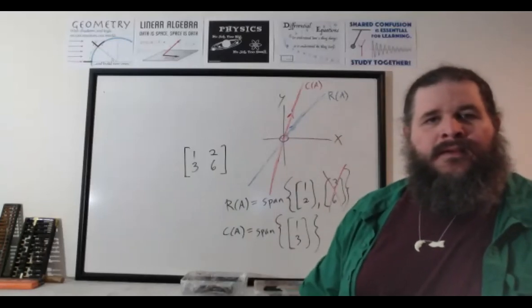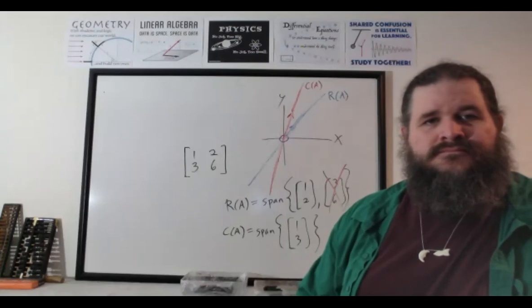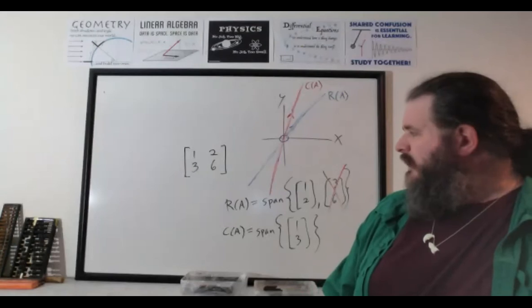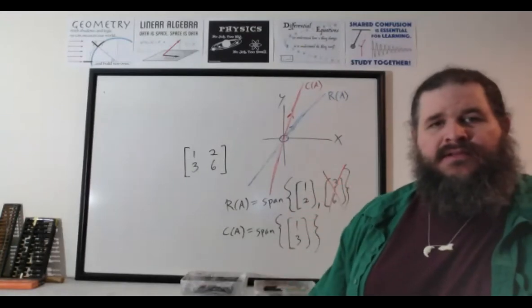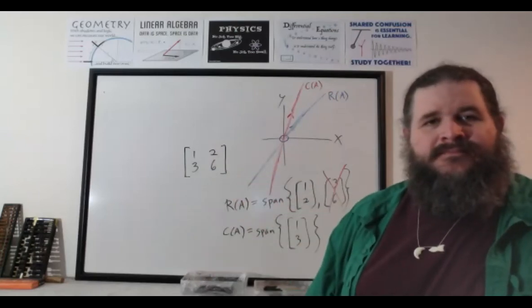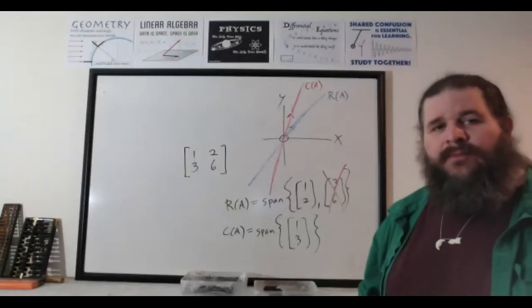I have a question. In general, are the row space and column space the same dimension? Yes, because of the way you would find those. How do you typically find a basis for the row space and a basis for the column space, if it's a more complicated matrix than this one? The RREF. Yeah, you take it to reduced row echelon form.